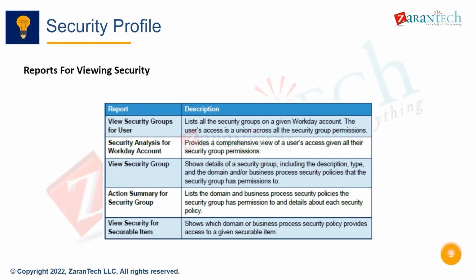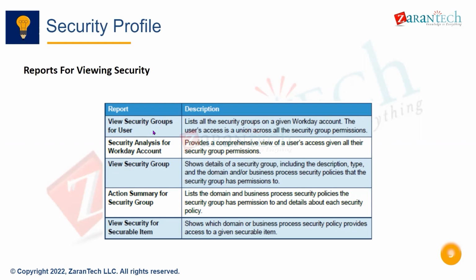Let's say for View Security Groups for User: if you want to view your security access, what security groups you have access to, you can access this, provide your employee Workday account, and then you can see what security groups you have access to.